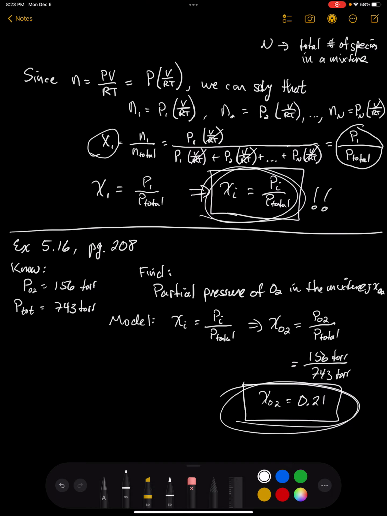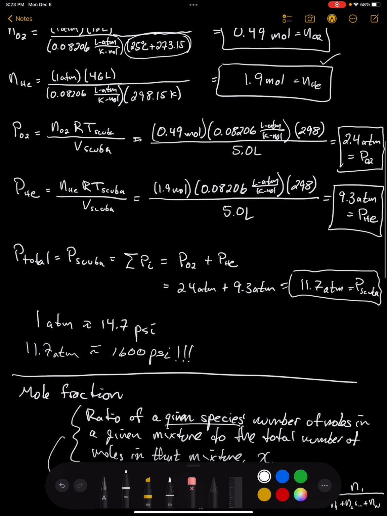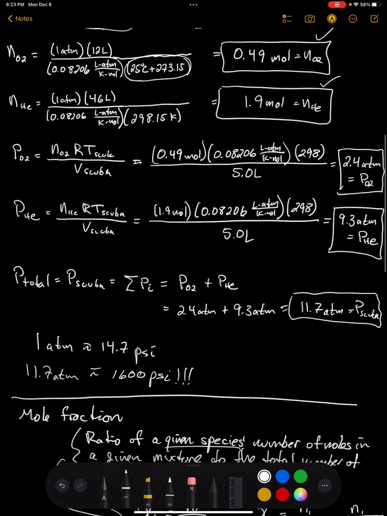Okay, so just to create some relevance for this new parameter, we could come back up to our old example and ask, what is the mole fraction of oxygen in our scuba tank? Well, that's just XO2 is equal to PO2 divided by P total. And so the pressure of the oxygen was 2.4 atmospheres, and the total pressure is 11.4 atmospheres.